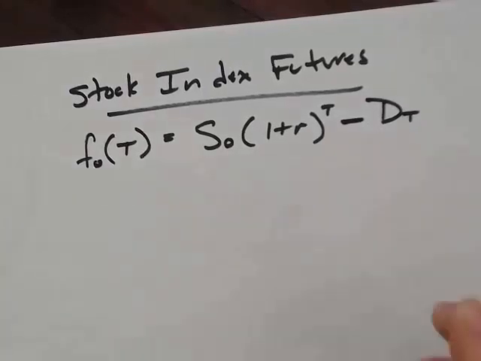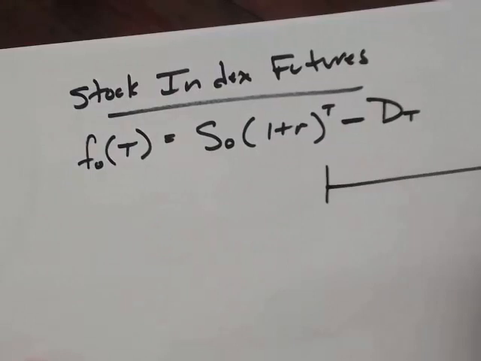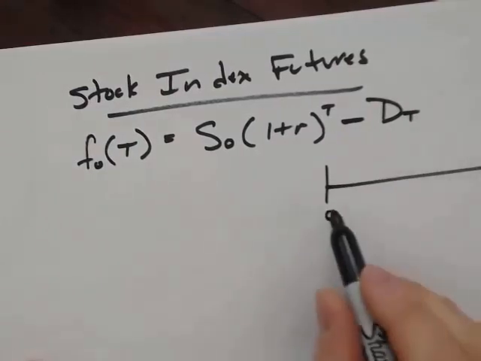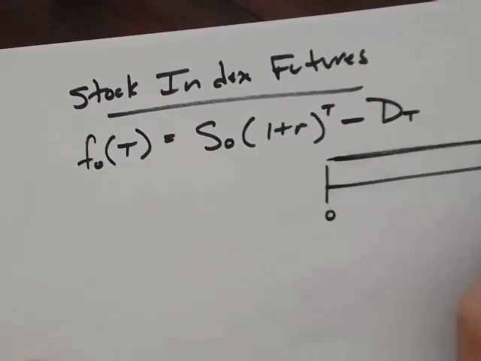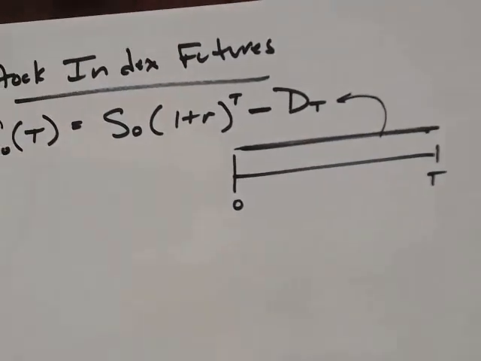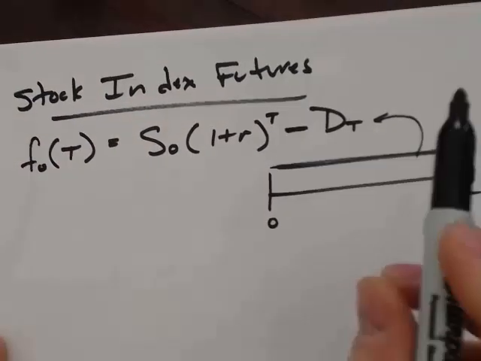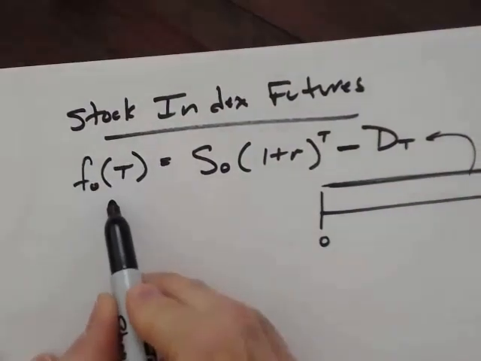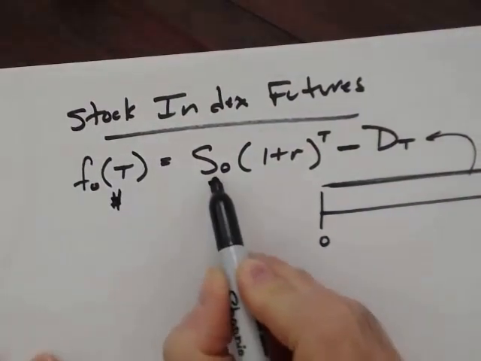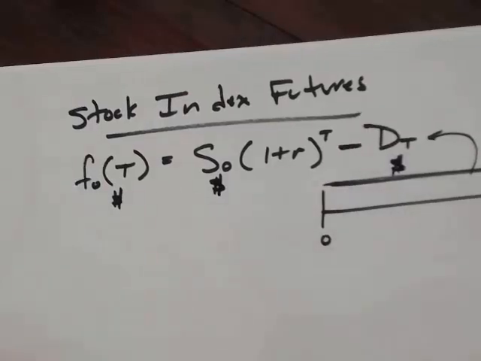And so we look at the dividends that are generated over the life of the contract, from time 0 through the life of the contract. Now, this term is measured in dollars, this term is measured in dollars, this term is measured in dollars.